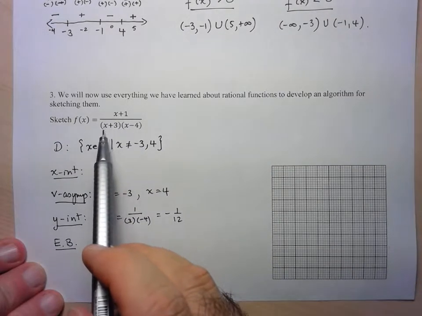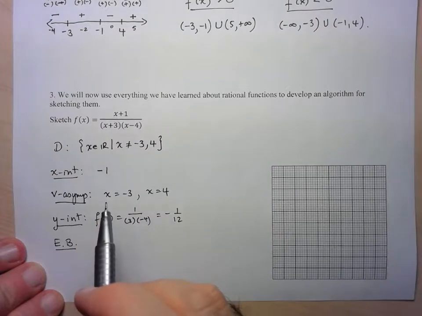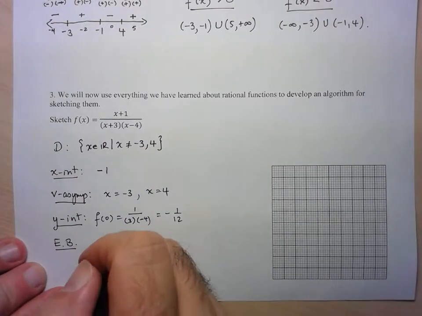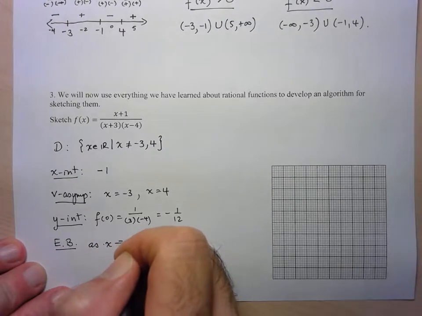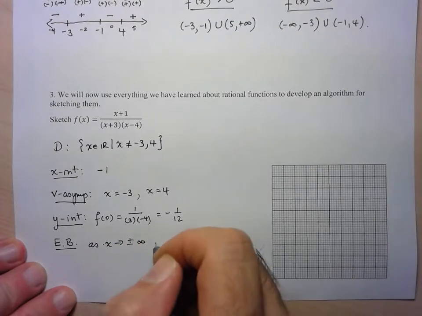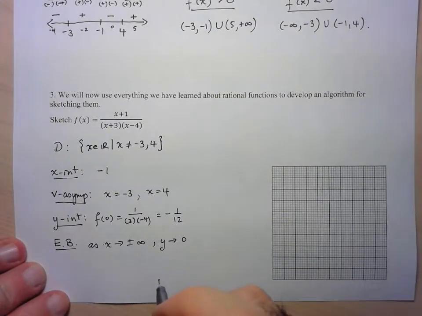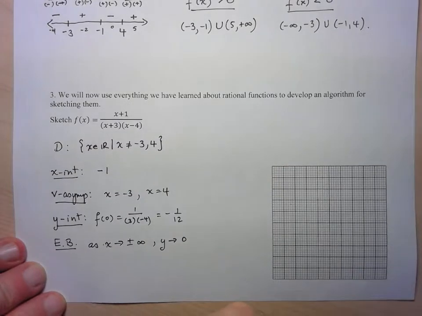So because the denominator has the bigger degree, our end behavior is that this function is going to be approaching 0. So as x approaches positive or negative infinity, y is going to approach 0. Or I guess I could have written f of x is going to approach 0. So we have our end behavior.